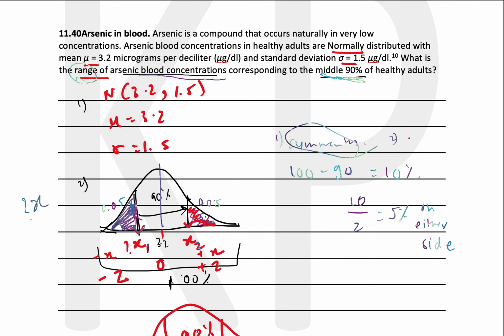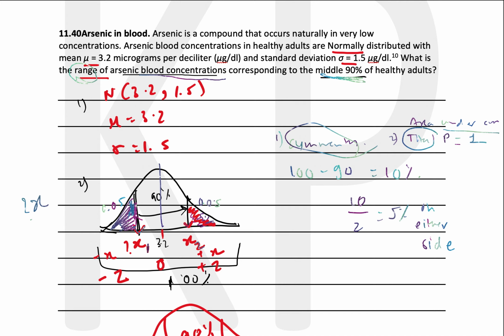And the second key that we are going to make use of is the total probability being equal to 1, or the area under the curve. Total area under the curve is 100%, right? So if the total area under this normal distribution curve is 100, and the middle part is 90, if we exclude that from the 100, we will be left with 10%.